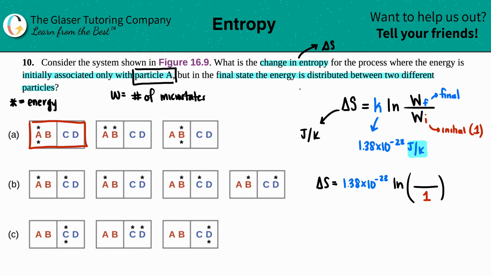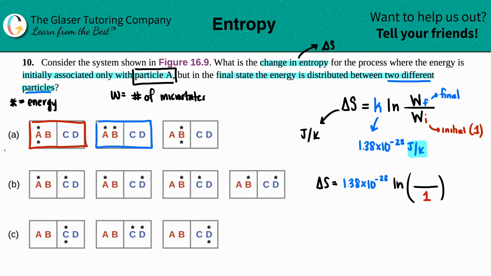Well, in the final state, the energy is distributed between 2 different particles. Now, they did not specifically say what particles. They did not specifically say whether we wanted AB, BC, CD, or AD, right? We just need to have it for 2 different particles. So let's see. This one, most certainly. This one is between A and B. Can't be this one.